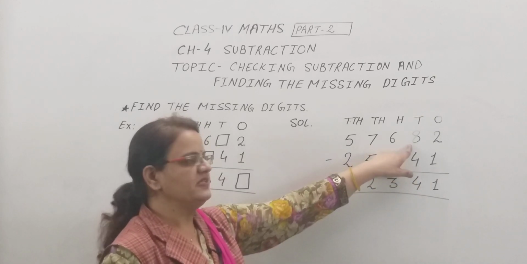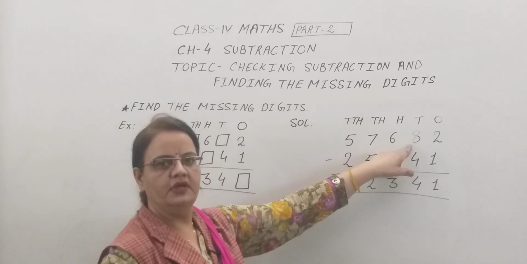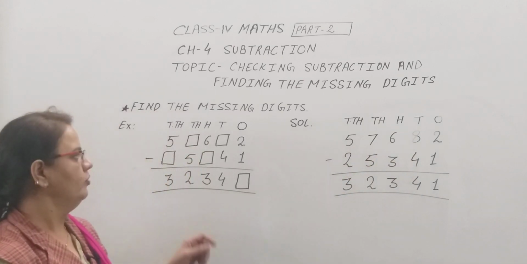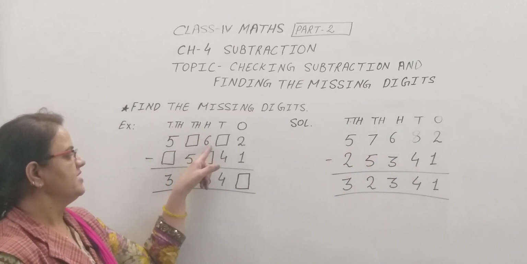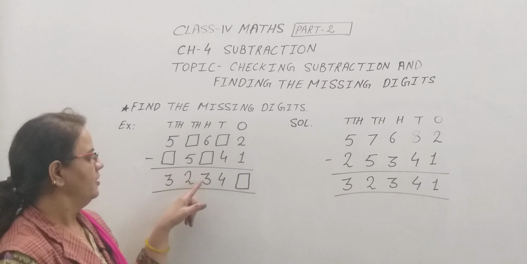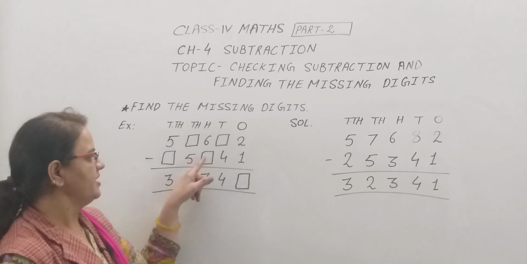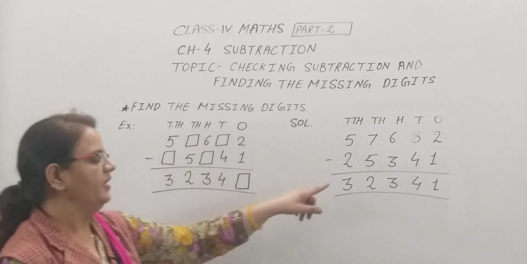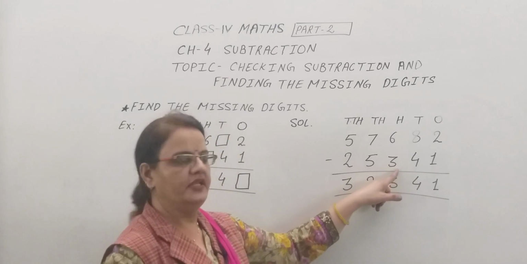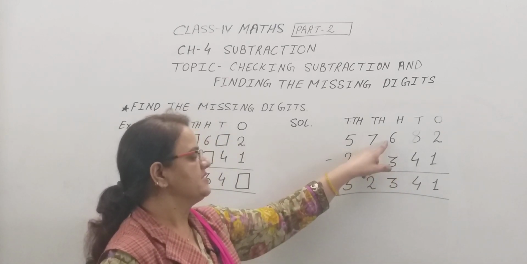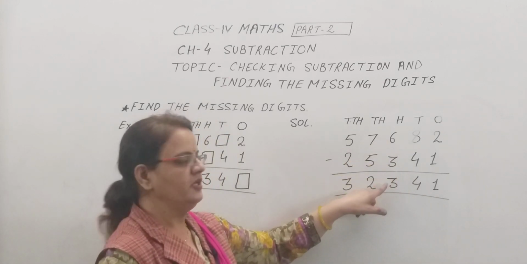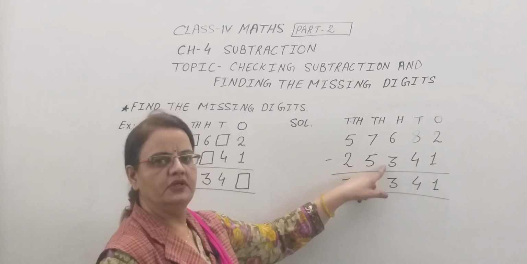So in tens place dash we write down the 8. Then we move to the hundreds place digit, 6 dash 3. So 3 plus 3 equal to 6. So here in the dash we write down the 3. 6 minus 3 equal to 3.